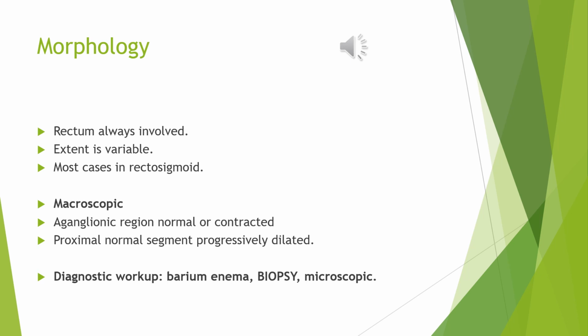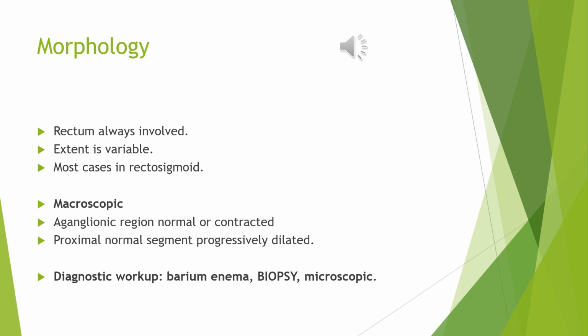So the affected area with aganglionosis, in which we don't have ganglion cells, this area will look normal or contracted on barium enemas. The proximal normal segment, normally innervated bowel segment, will undergo progressive dilatation.